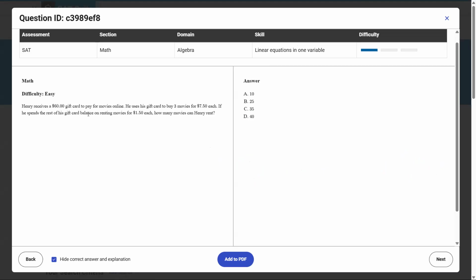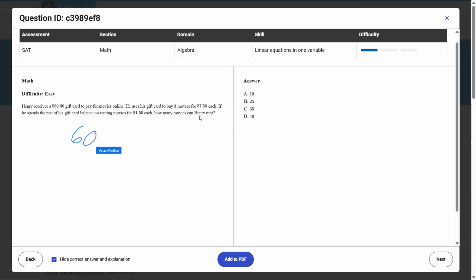Henry receives a $60 gift card to pay for movies online. He uses his gift card to buy 3 movies for $7.5 each. He spends the rest of his gift card balance on renting movies for $1.5 each. How many movies can Henry rent? Okay. So he had $60 at first.